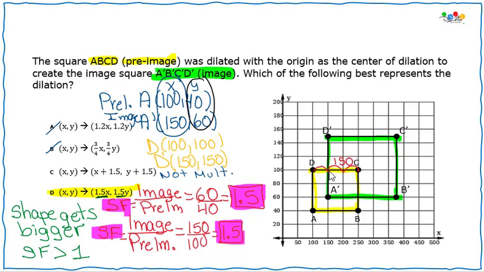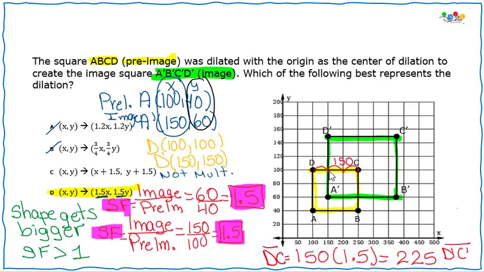So DC is 150. Is that right? And I'm going to multiply 150 times the scale factor, which is 1.5. If you multiply 150 times 1.5 in the calculator, you will get 225. So 225 will be your D prime C prime line segment.